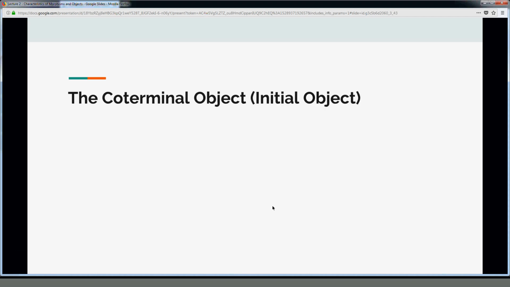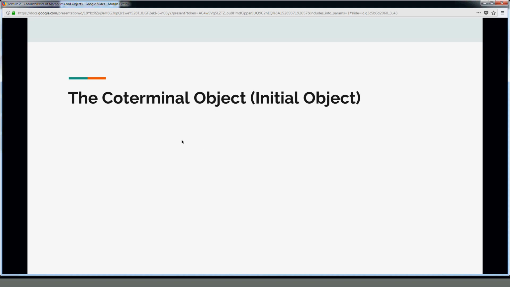Now, I mentioned every construction or definition has a dual, right? And the dual of a definition is the corresponding object with the same properties in the opposite category, with all the arrows reversed.